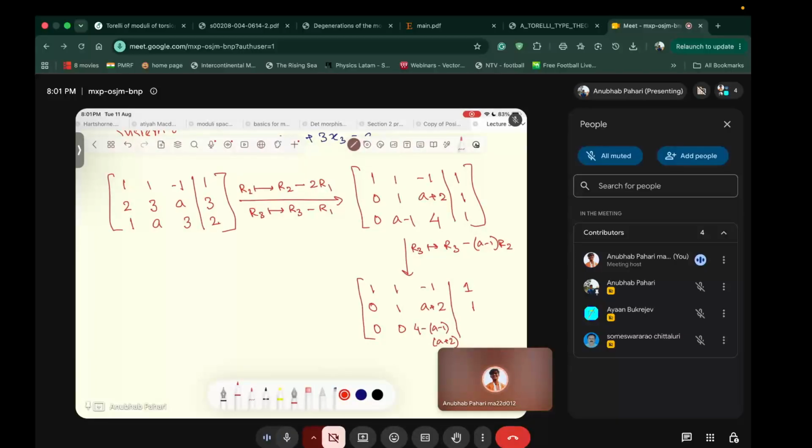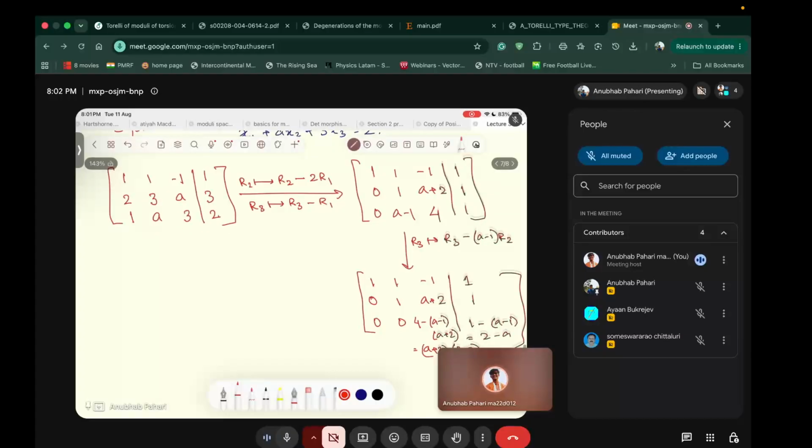If you calculate, that will be a plus 3 into 2 minus a, and this one here will be 1 minus a minus 1, so it will be 2 minus a.